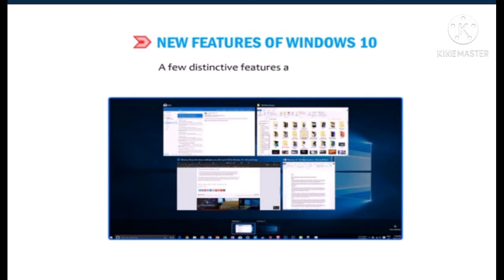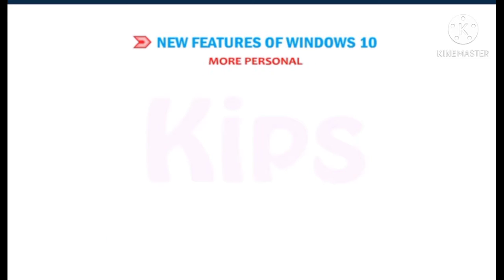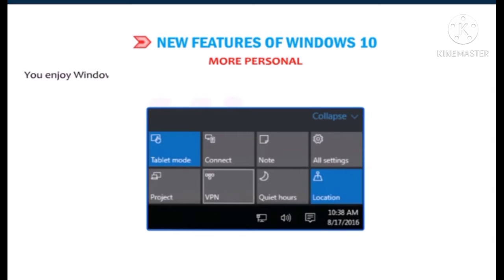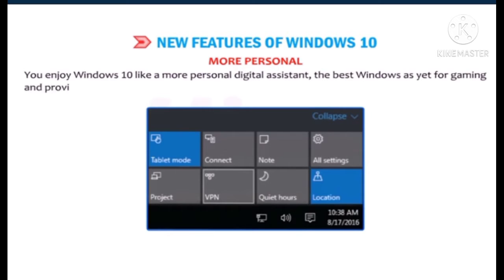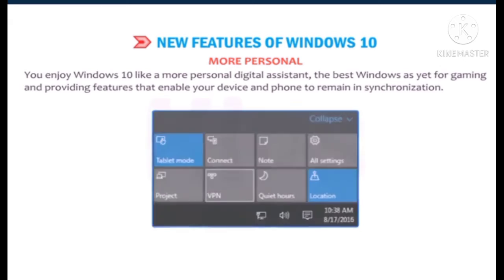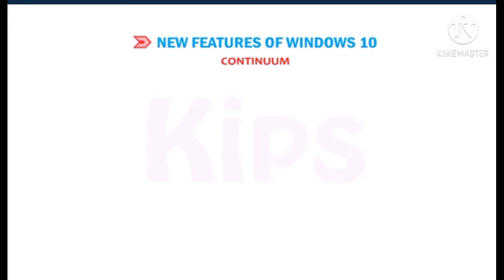A few distinctive features are as follows. More personal: you enjoy Windows 10 like a more personal digital assistant, the best Windows yet, providing features that enable your devices and phone to remain in synchronization.